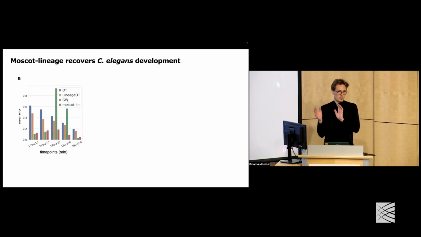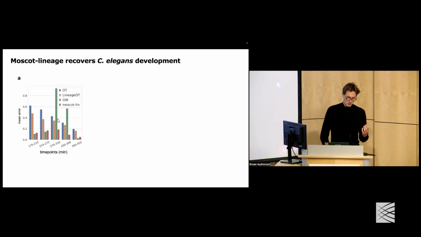Gromov-Wasserstein, which would correspond to alpha equals 1 in our model. So that only makes use of lineage information and ignores transcriptomic information. And then moscot-lineage, that sits somewhere in the middle and interpolates between using transcriptomic and lineage information. Across the time points, we saw that moscot-lineage either has the lowest mean error or the second lowest mean error. So sometimes Gromov-Wasserstein had an even lower mean error.